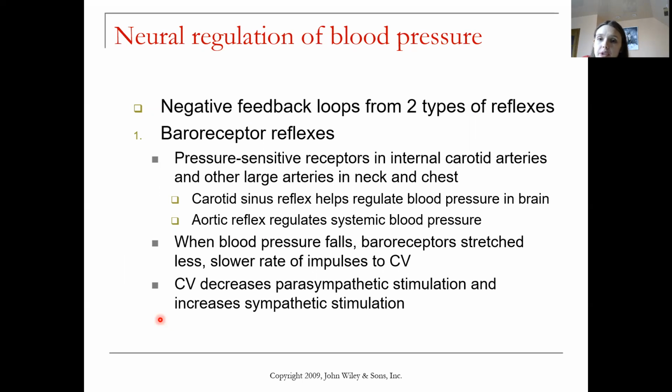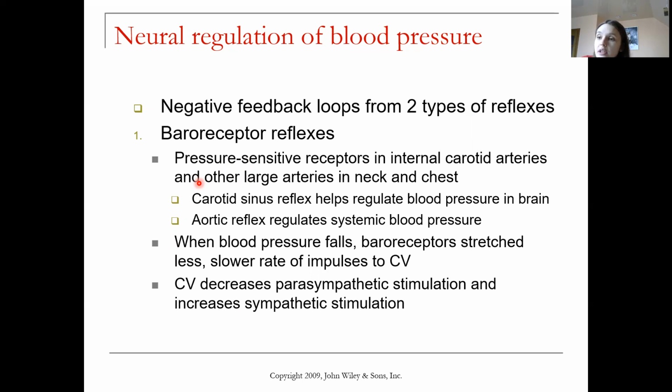So generally, the neural regulation, the baroreceptor reflex, as I explained, involves pressure-sensitive receptors in the internal carotid arteries and other large arteries in the neck and chest, which detect the volume present in this system, whether it increases or decreases.